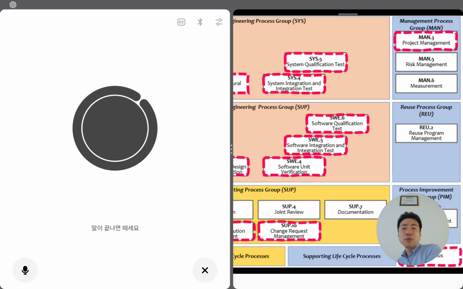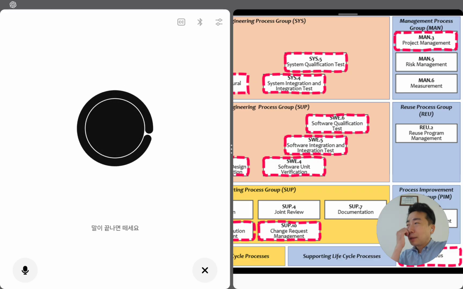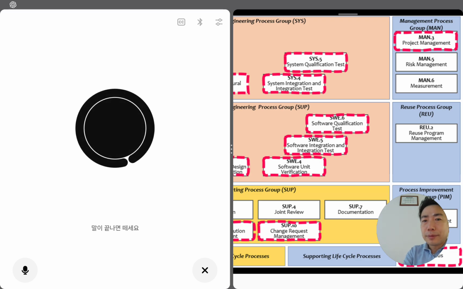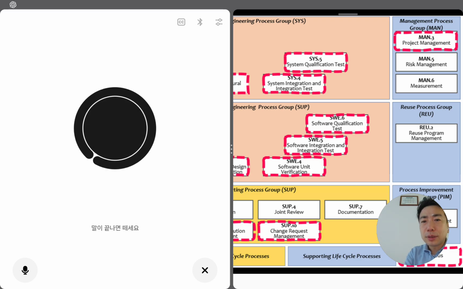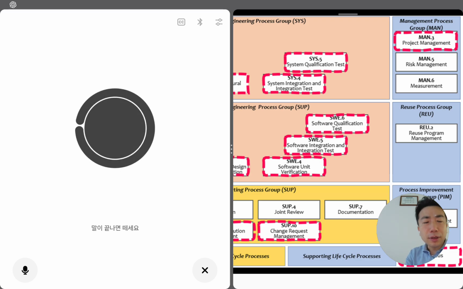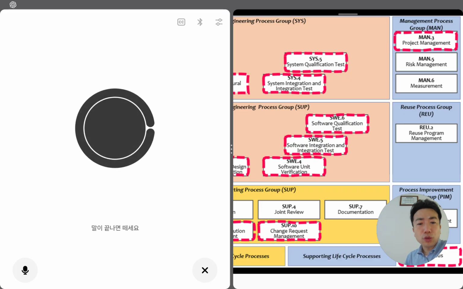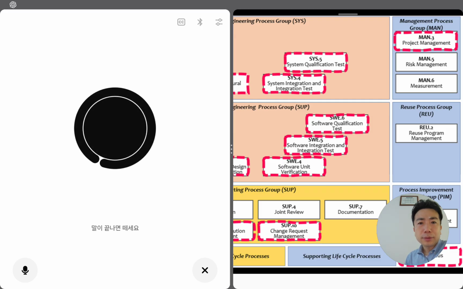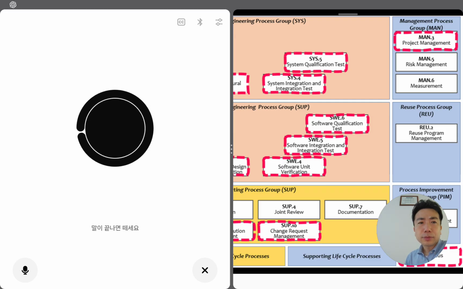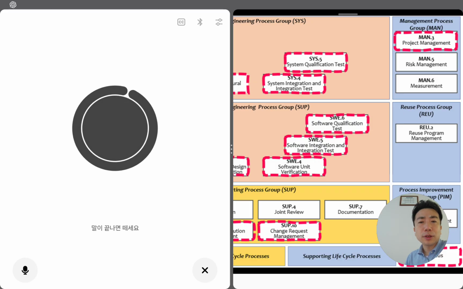Writing down what everyone assumes. It's really important. Plan clearly, monitor regularly, react quickly, and record everything. That's the mainstream of project management.